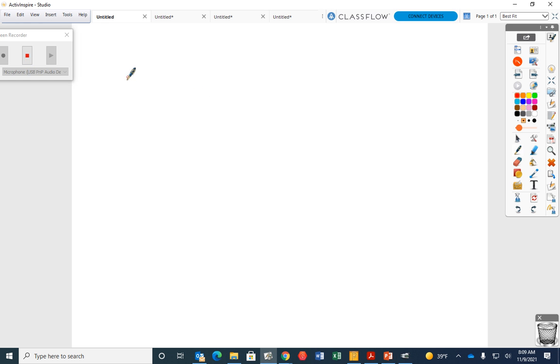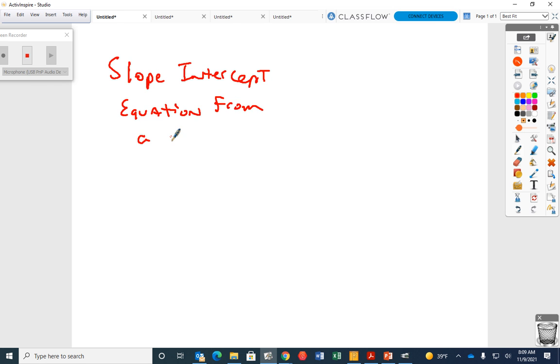But the second half is writing the slope-intercept equation from a line that has been graphed. In other words, you're going to look at a line that's on the graph and determine the slope-intercept equation. Make sense?